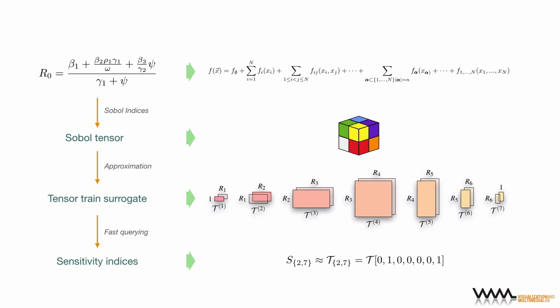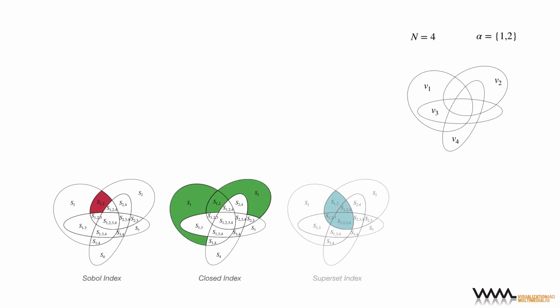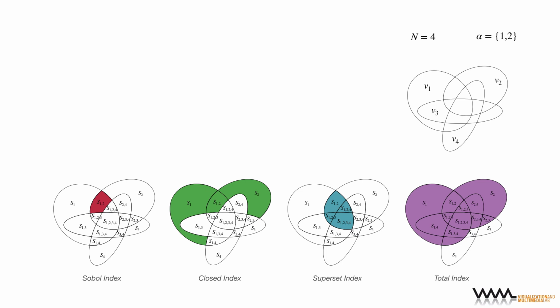Moreover, based on the Sobol tensor train model, we are also able to compute aggregated indices with very little cost, which result in 4 types of sensitivity indices, as illustrated as color-coded areas for variable tuple 1, 2 in the case of a 4-variable function.